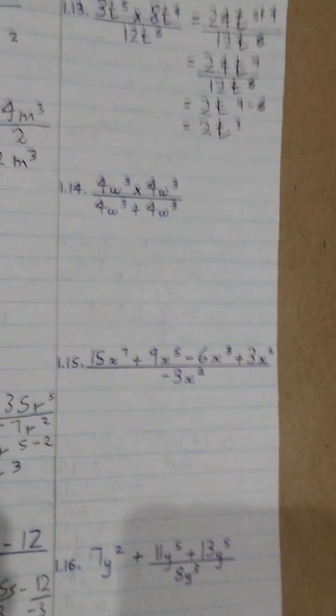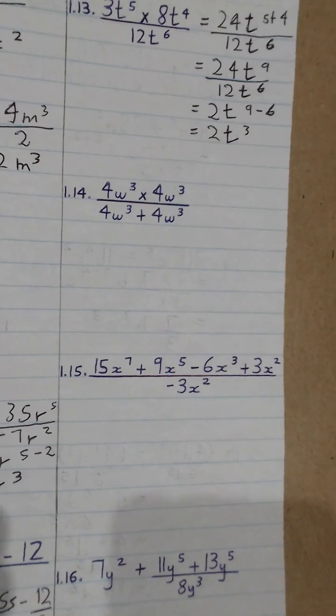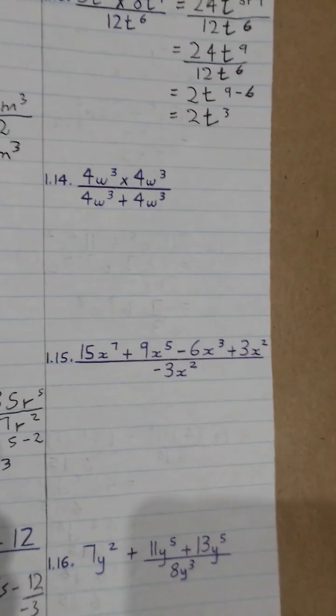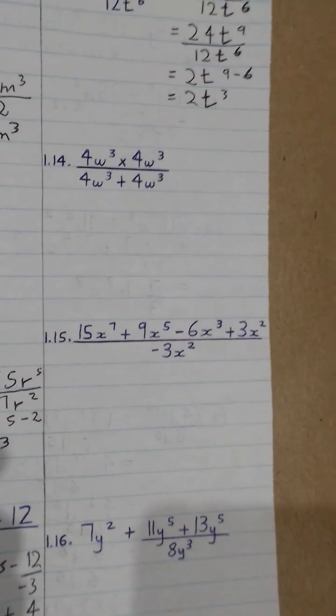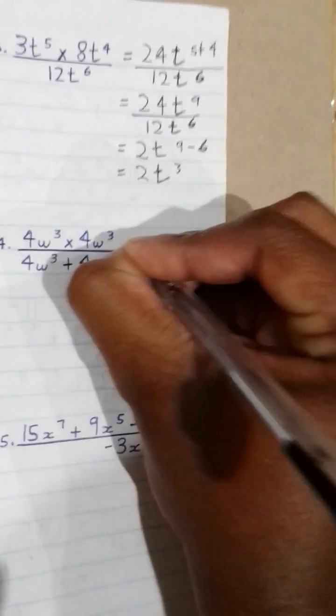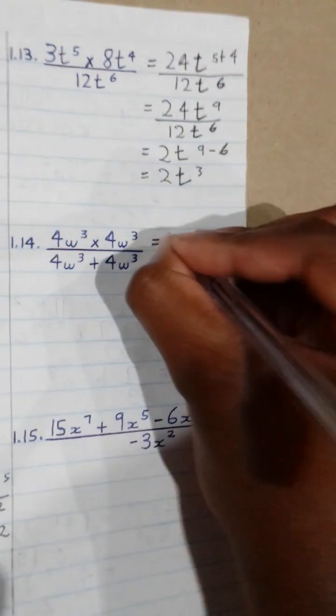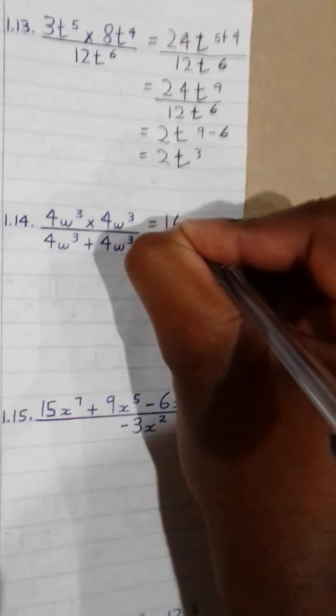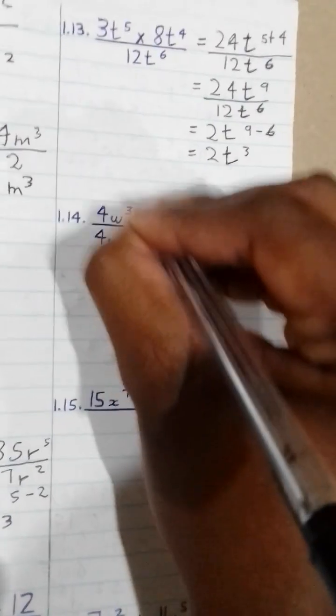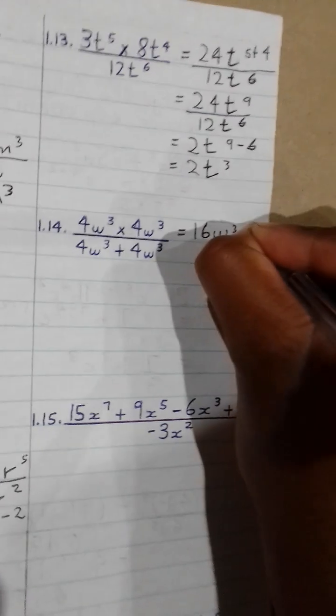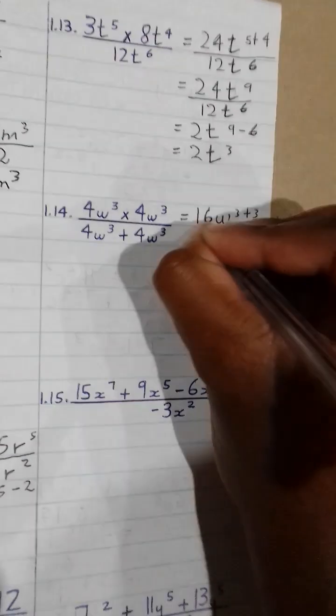1.14, 4w to the power of 3 times 4w to the power of 3, over 4w to the power of 3 plus 4w to the power of 3. 4 times 4, 16w. Since we are multiplying, we add the exponents. 3 plus 3.